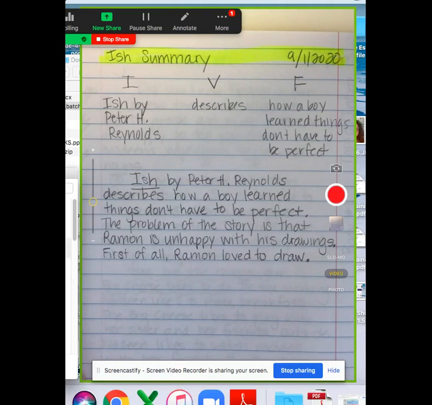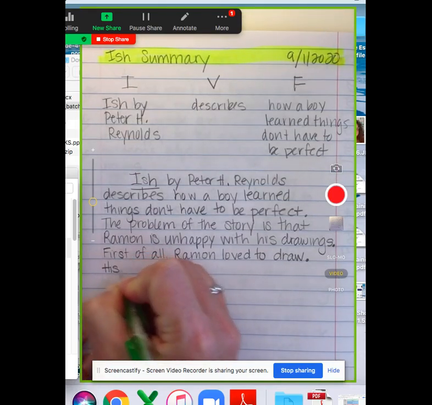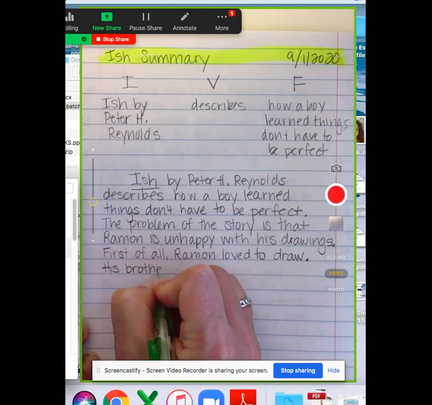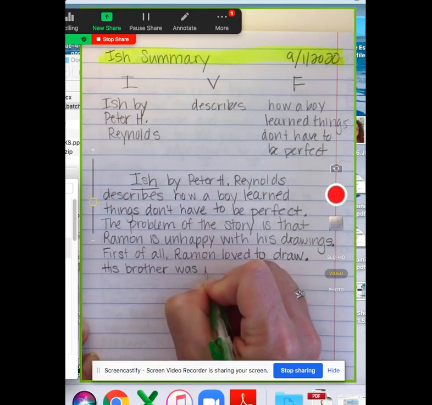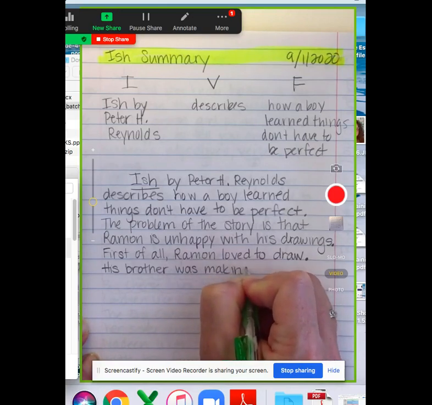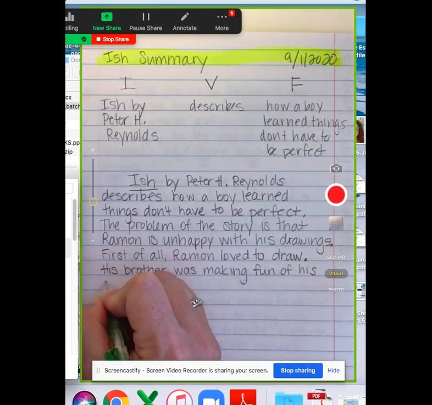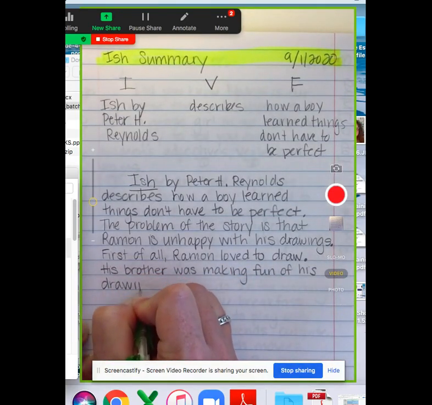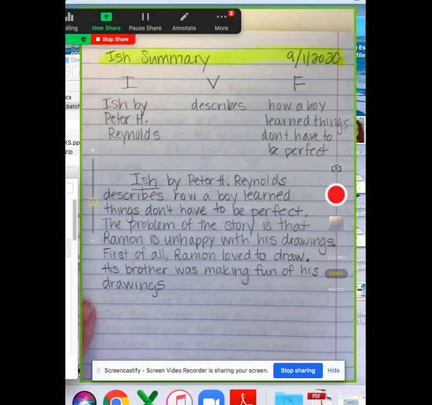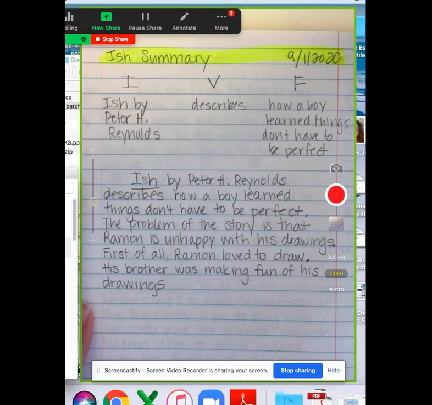Yes. His brother was making fun of his drawings. All right, shall we end there, or can someone else help us kind of finish up this sentence? His brother was making fun of his drawings.